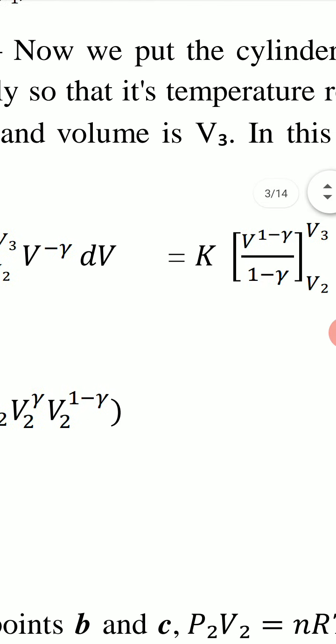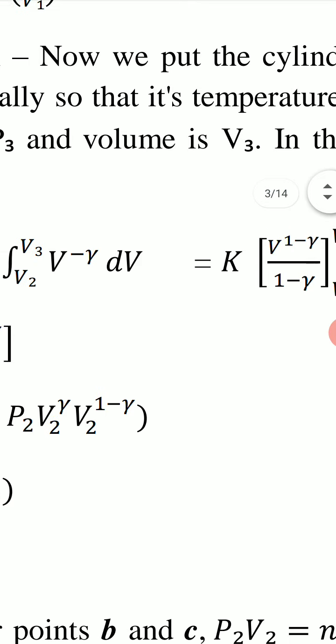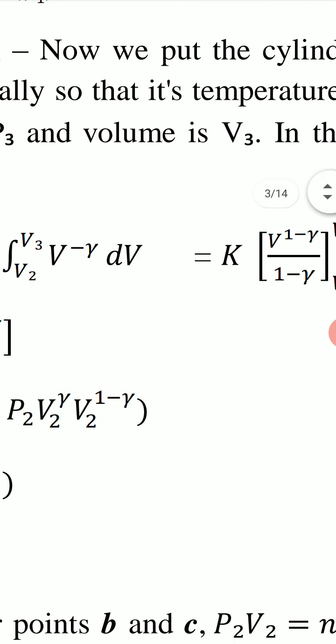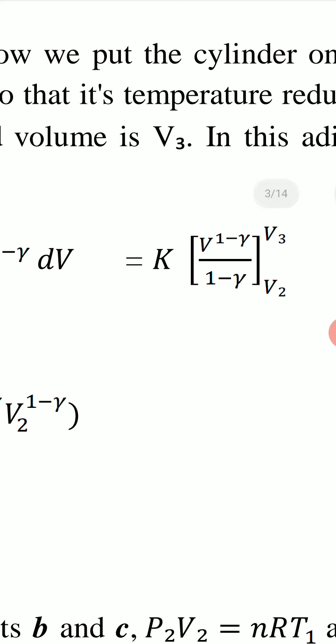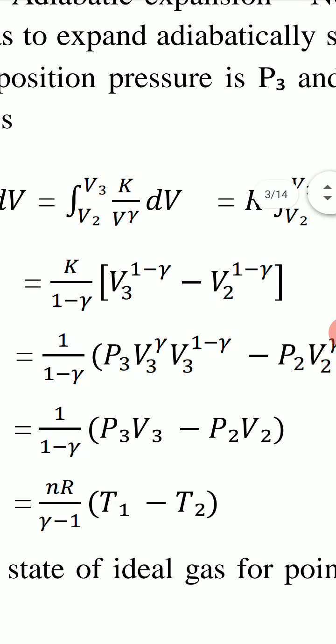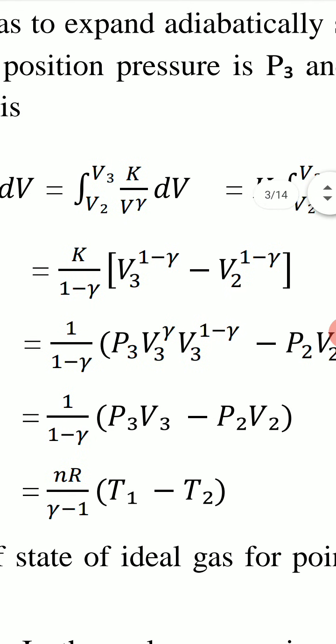The value of this integral is V to the power minus gamma plus 1 upon minus gamma plus 1, with limits V2 to V3. So this integral becomes K upon 1 minus gamma, (V3 to the power 1 minus gamma minus V2 to the power 1 minus gamma).